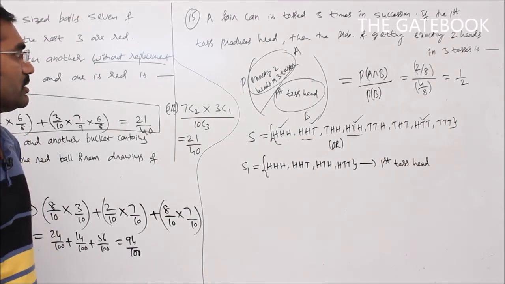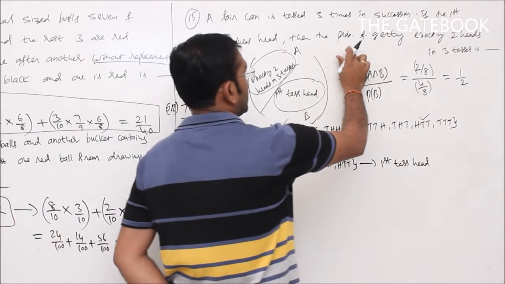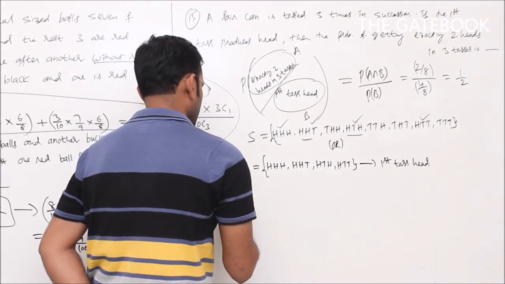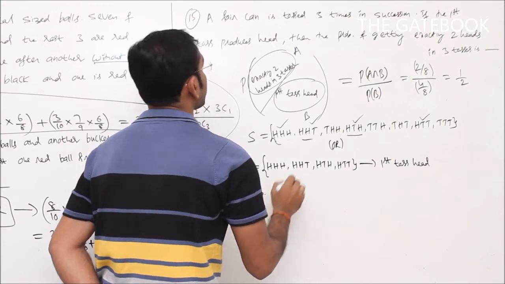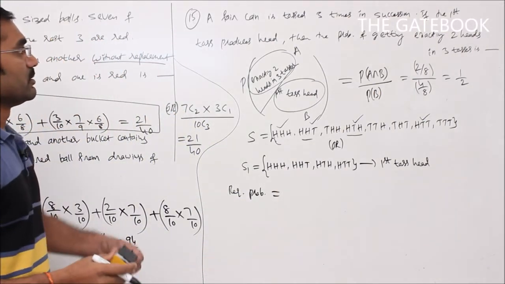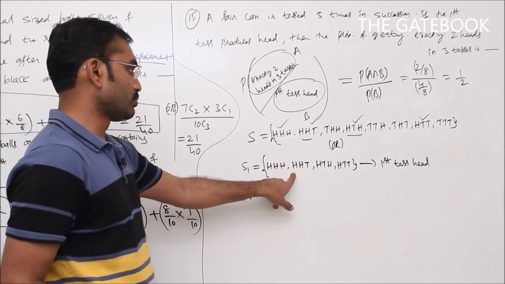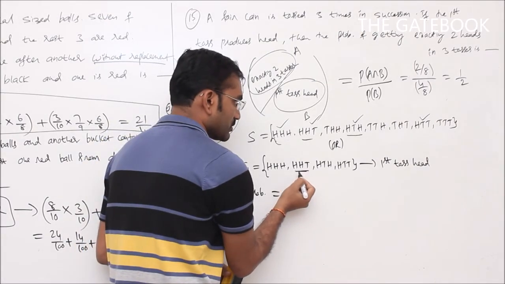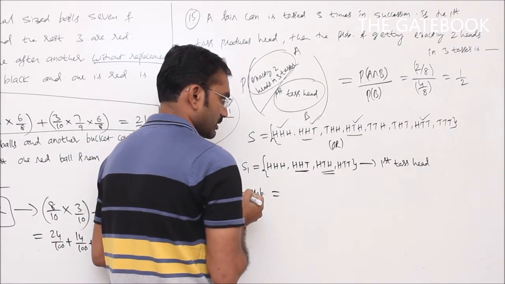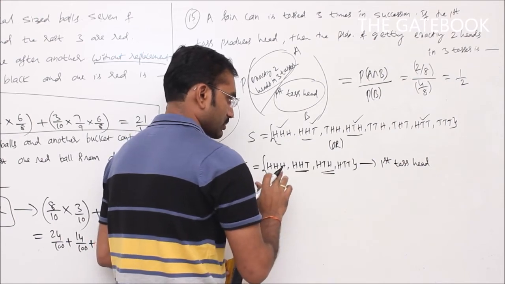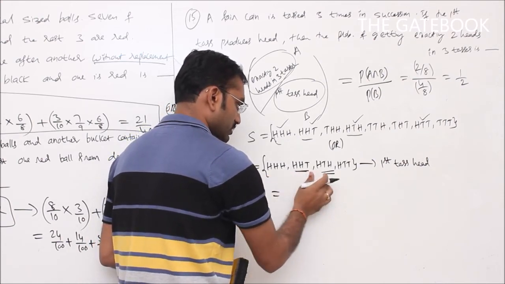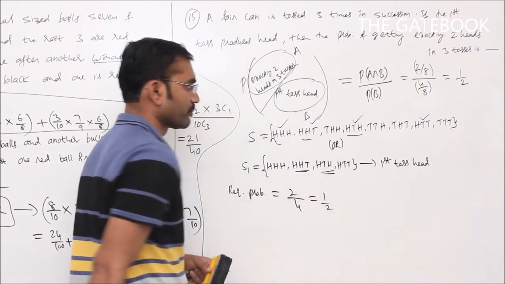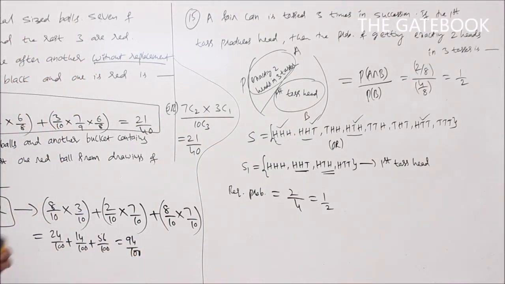Now, getting exactly 2 heads in 3 tosses, what is the required probability here? Exactly 2 heads means you will get it in this combination and in this combination. So favorable cases are 2, total number of possible cases are 4. So 2 by 4 is equal to 1 by 2.